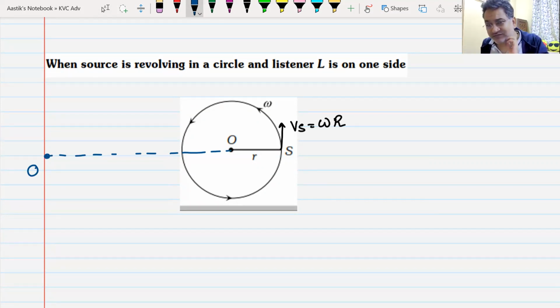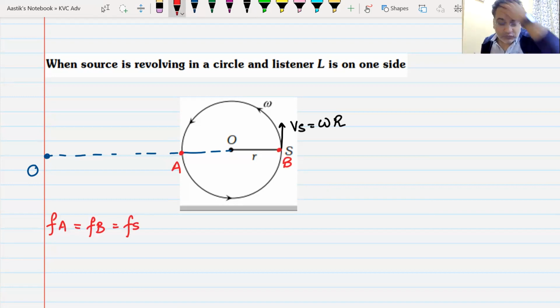You can find out that at different points the frequency would be different. When the observer is at point A and B, the frequency received from point A and from point B will be equal to Fs only, because there is no Doppler effect.